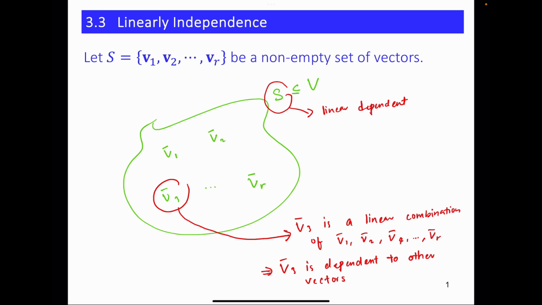You may recall what is meant by linear combination, which we have discussed earlier in the previous topics.